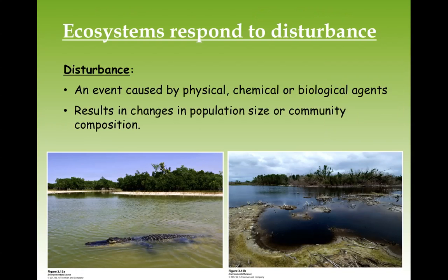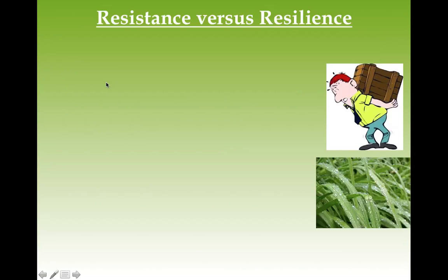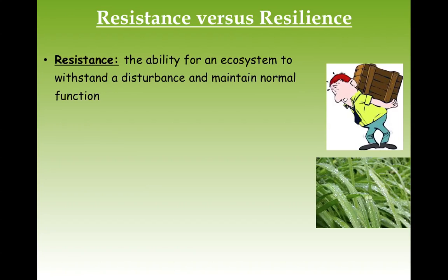And ecosystems respond to and deal with disturbance in different ways, of course. One term with regard to how they can respond to disturbances is called resistance. Okay, so that's the ability of an ecosystem to withstand a disturbance and maintain normal function.